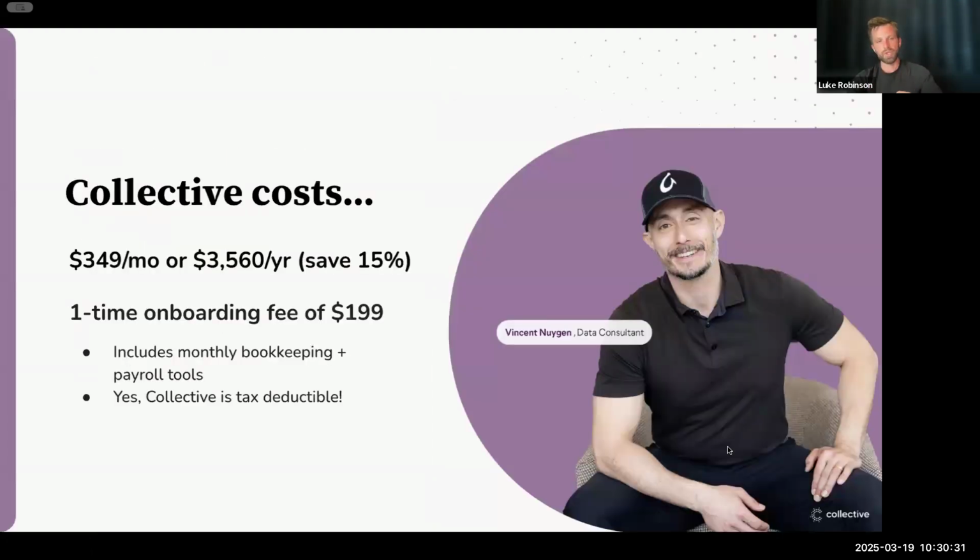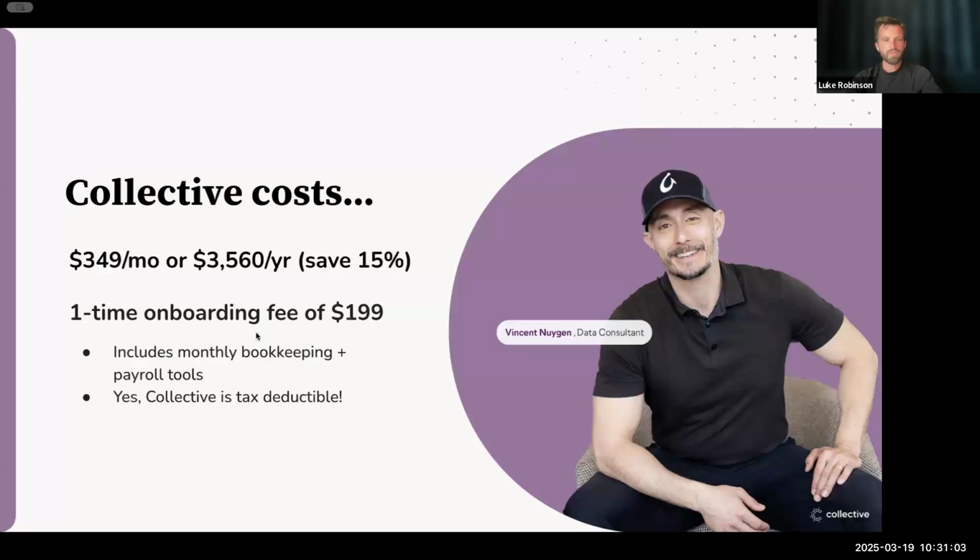You've got two options when you're paying for Collective services. If you go the monthly option, we're $349 per month, at will contract. If you pay in full for the annual option, for 12 months at a time, you save 15%. So that drops the price down to around $35.60 a year. Then you also have a one-time setup fee of $199, and that includes getting things set up, cleaning up some bookkeeping, and all of that.